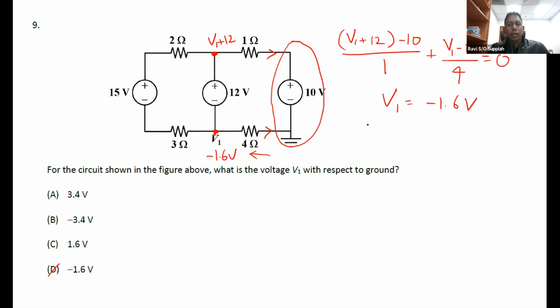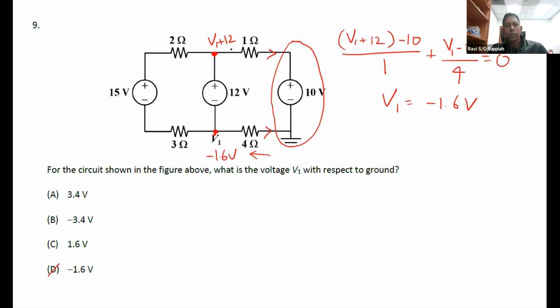So in the same branch, is current flow going to be the same or is it going to be different? If you look at this branch, this is considered one branch. So in one branch of a circuit, current will flow in only one direction.